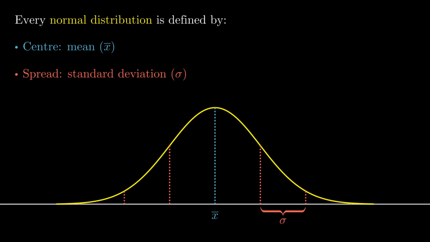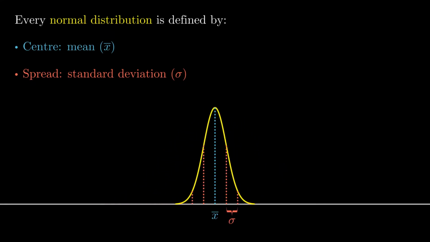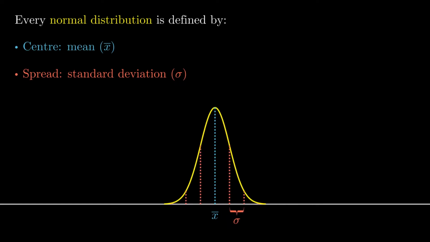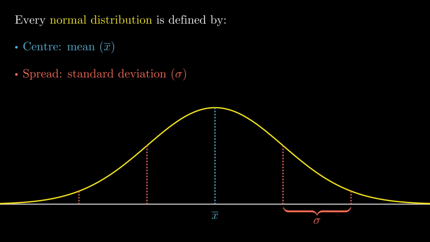Now, why would this sort of setup be helpful? It's because if the spread is narrower, then the standard deviation shrinks accordingly, and that allows those red markers to continue tracking the same relative positions on the curve, which is what we were after all along. Likewise, if the spread is super wide, the standard deviation will increase accordingly, and those red markers, again, are still tracking the same relative positions on the curve.